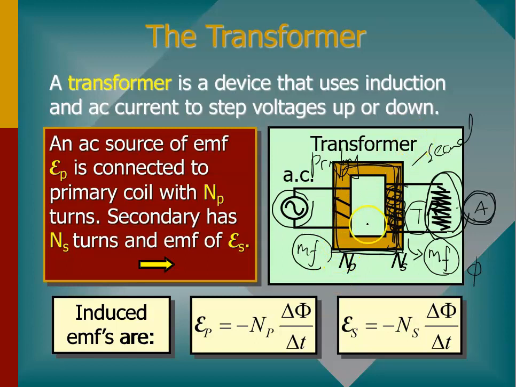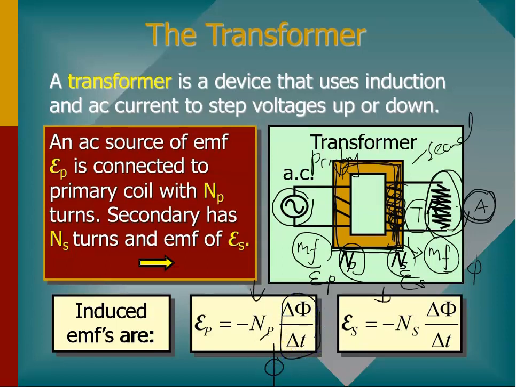So the relations of the EMF produced in the primary and the EMF produced in the secondary, and the number of turns in the primary and the number of turns in the secondary, can be written like this. The EMF in the primary can be calculated by this equation, where it is equal to negative the number of turns of the winding in the primary part times the magnetic flux.